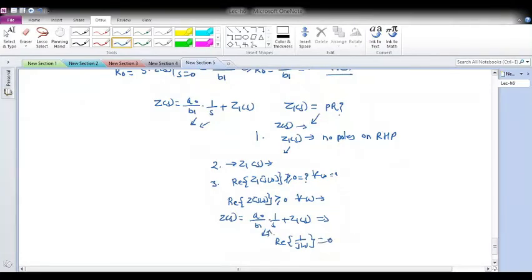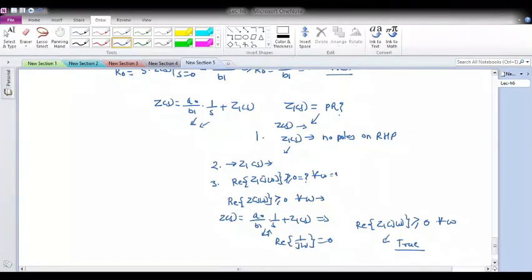So if this part is 0, then real part of a0 upon b1 into 1 over j omega is 0, which means ultimately the real part of z1 of j omega still satisfies the property, that it is greater than or equal to 0 for all omega. So this is always true when the real part of 1 upon j omega is 0.